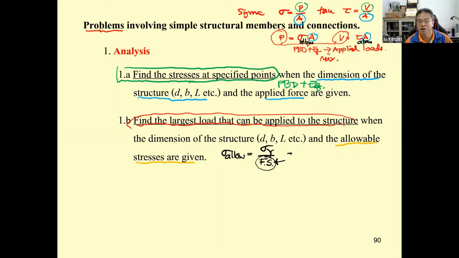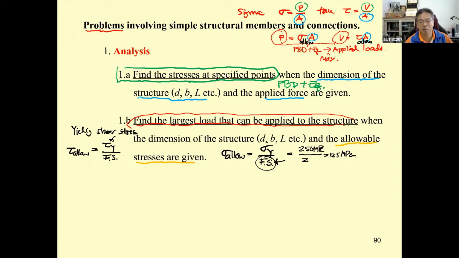For example, for steel, it is going to be 200 megapascal divided by 2. That is going to be 125 megapascal. And again, you also have the tau allowable for steel, which is going to be tau sub y divided by the factor of safety. This is called the yielding shear stress.